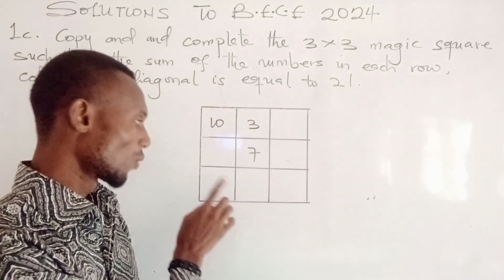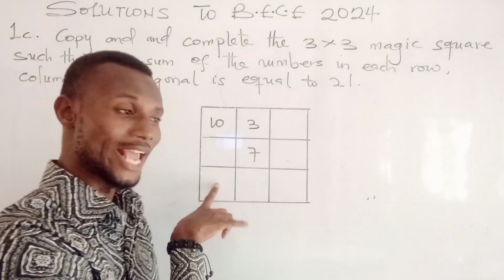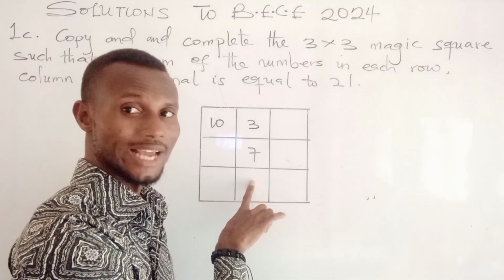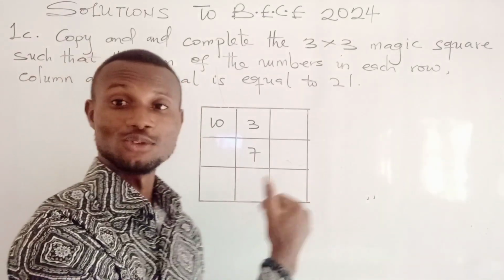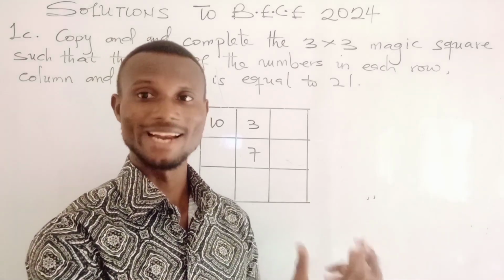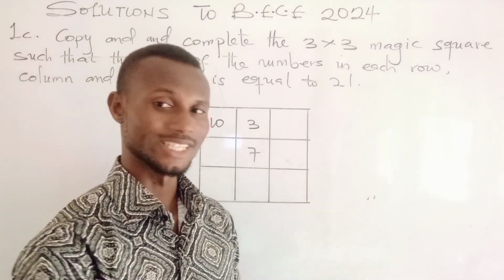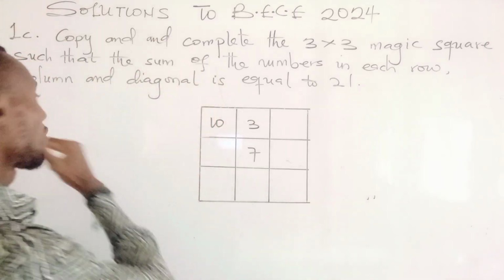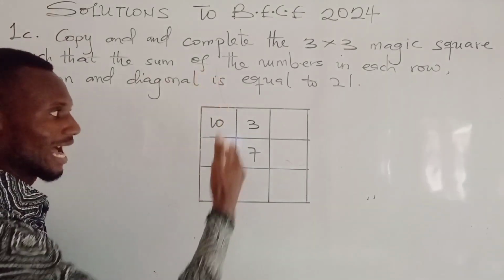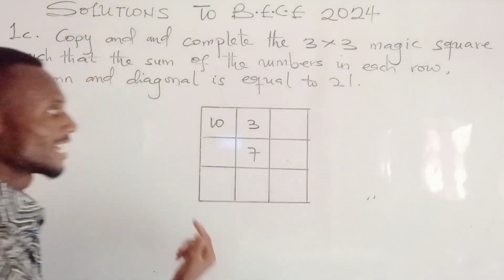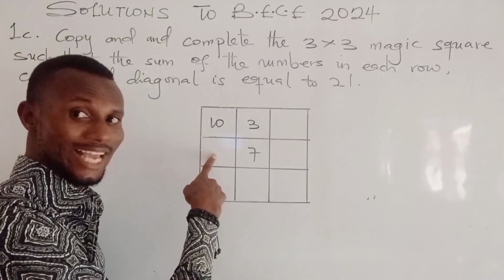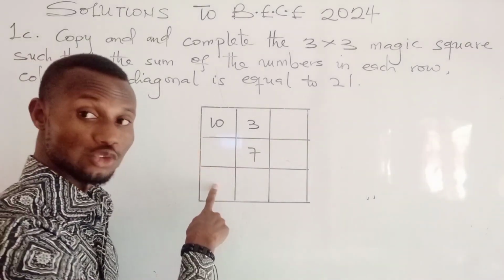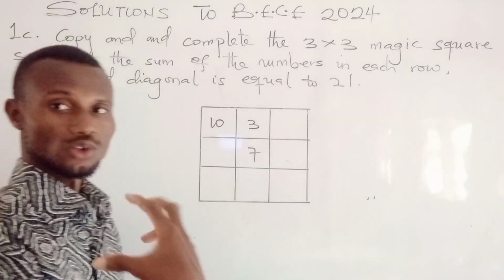And also, when we add the number which is supposed to be here, the number here as well, and the number here, it's supposed to give us 21 as well. That's the meaning of it. When it comes to the columns, these are the columns. When we add the 10 to the number which is supposed to be here, and also to the number here, we are supposed to get 21.